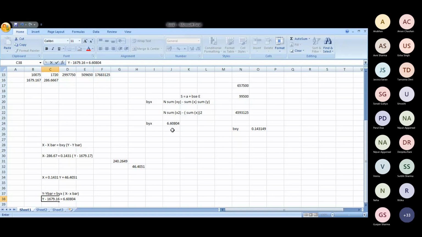That is your byx, and then x minus x bar. So x bar is 286.67. So this becomes the equation. Now if you want to solve this, multiply 6.608 by 286.